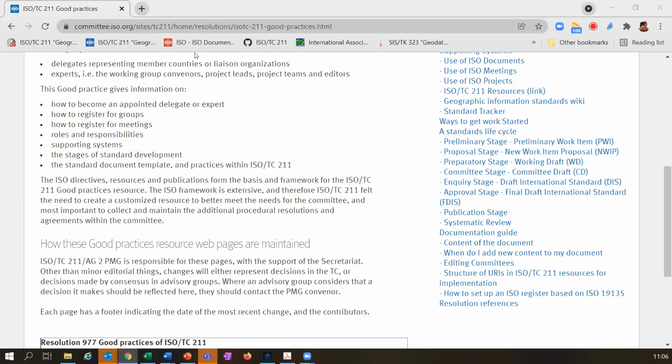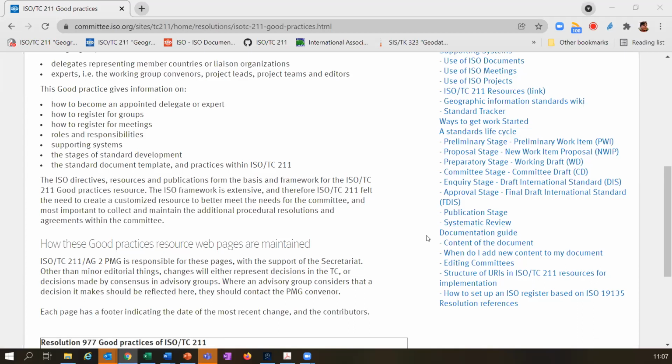So we have dedicated quite a lot of space here in the good practice about the different stages, how to work with the documents, how to think, and how to communicate around them. And here we might see more of what we have borrowed from the directives, but also what we have as separate resolutions from our TC, and how they mix with each other.